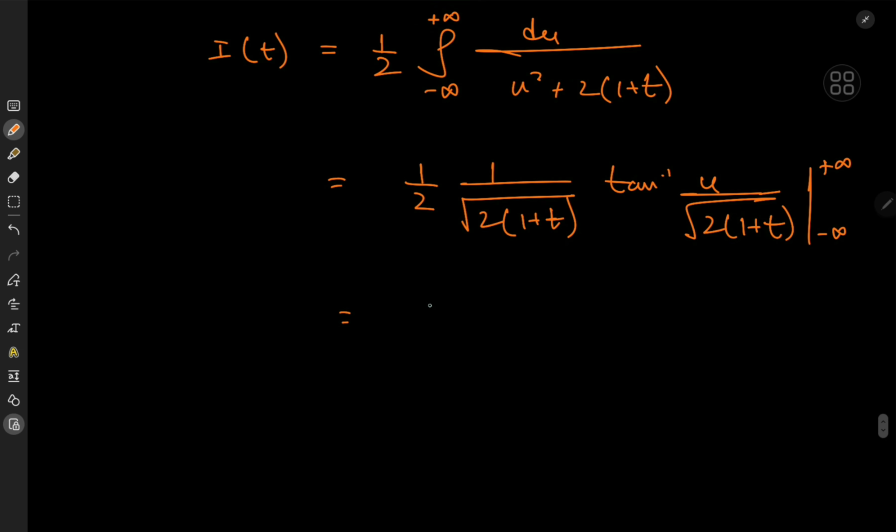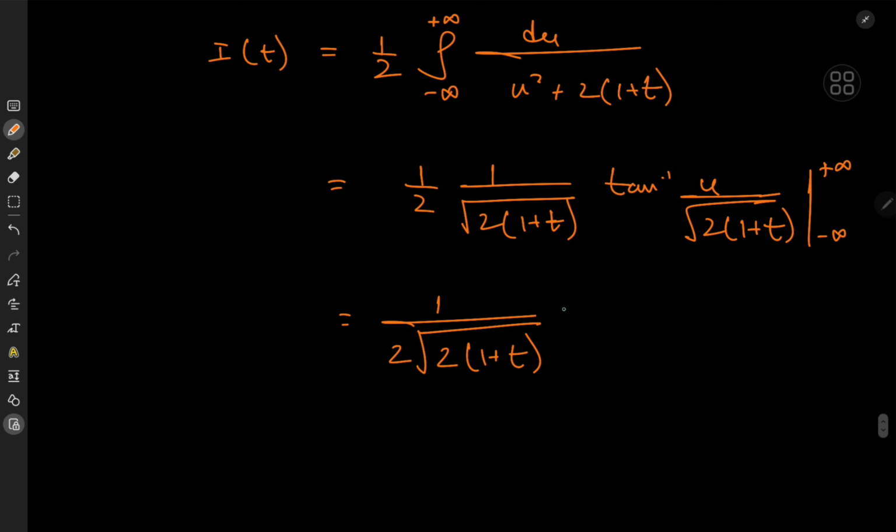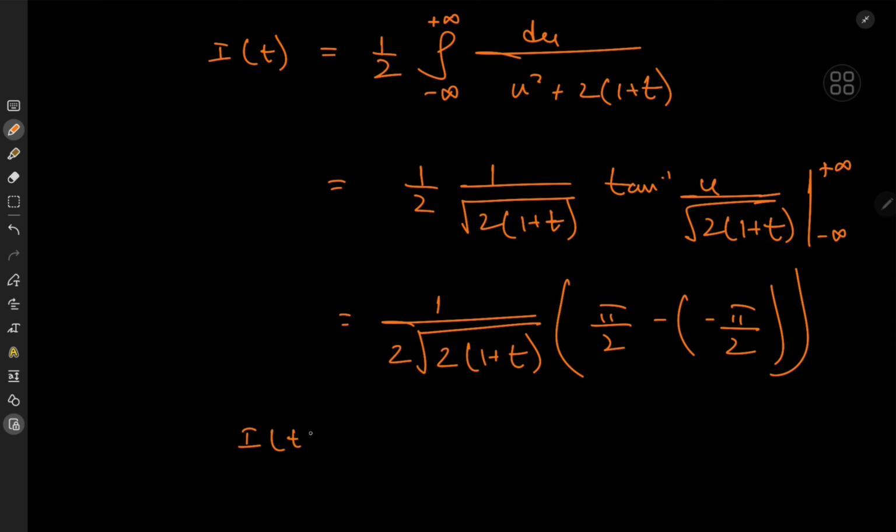So this gives us 1 over 2 root 2 times 1 plus t. And as u approaches infinity, the arctangent approaches pi over 2. And as u approaches negative infinity, we have negative pi over 2. Okay, cool. So I of t here is just pi over 2 times root 2 times 1 plus t.